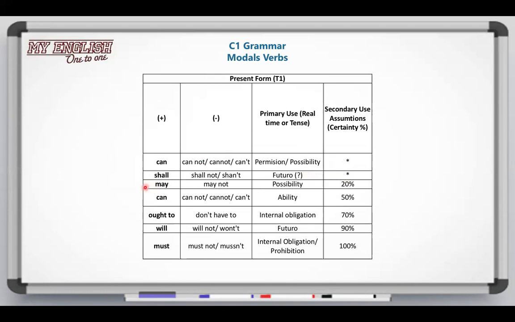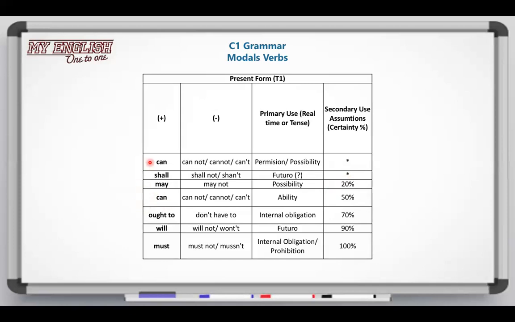Now we have may in positive, and the negative is may not. In primary use, this is used for possibility. When you use this for assumptions, this has 20% certainty. You are sure about something, but only 20% sure.